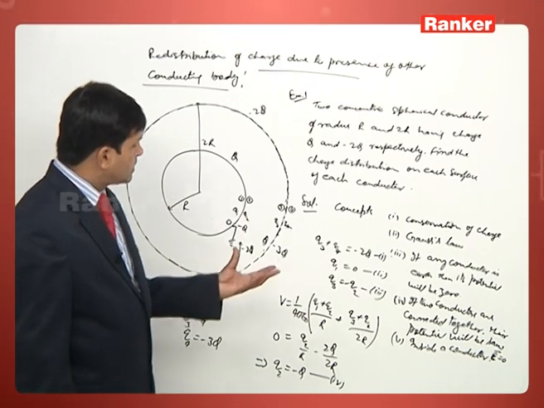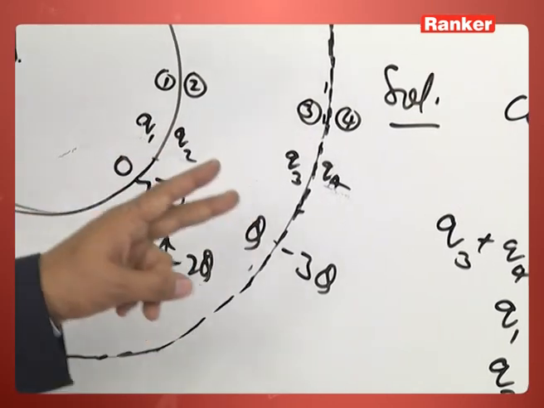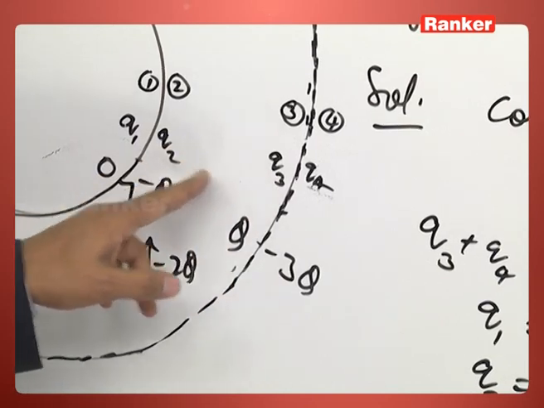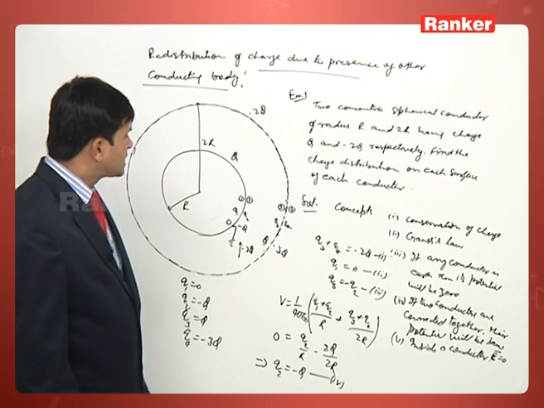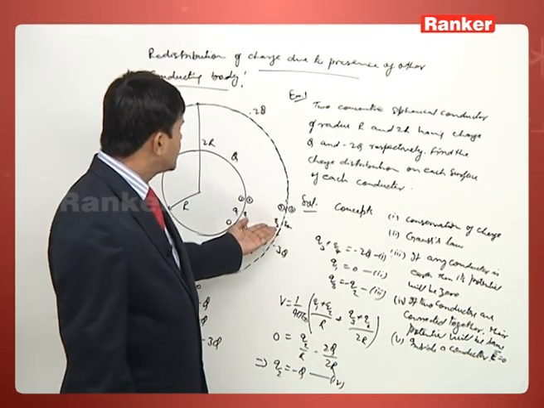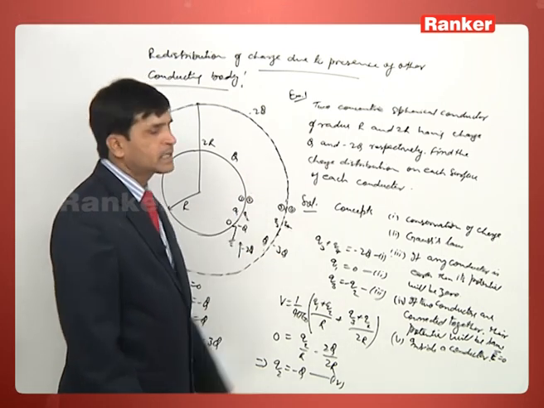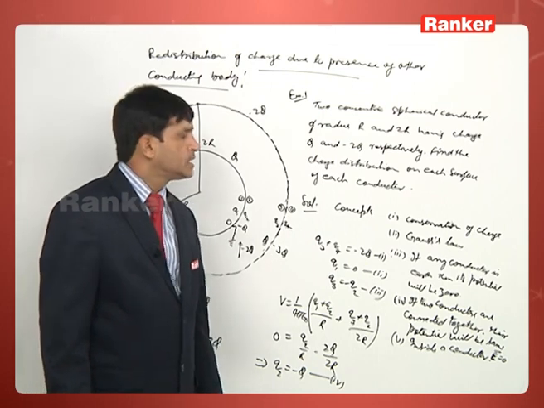So the major conclusion we can say is, in case of a conductor, for facing surfaces we always find Q3 is equal to minus Q2 in all the cases by using Gauss law. So we can say facing surfaces of a conductor always have equal and opposite charges.